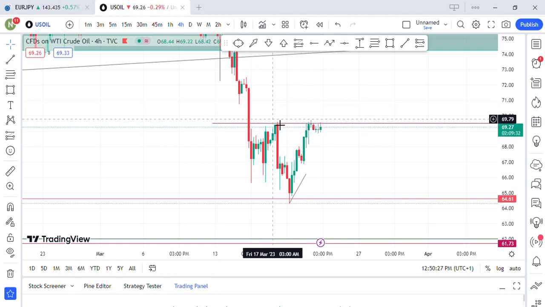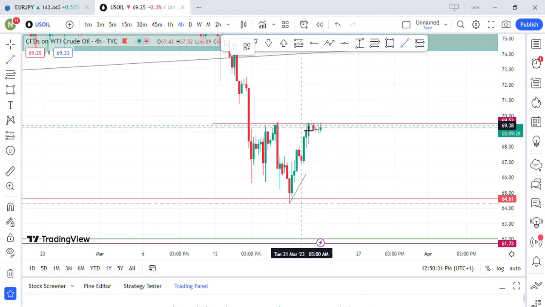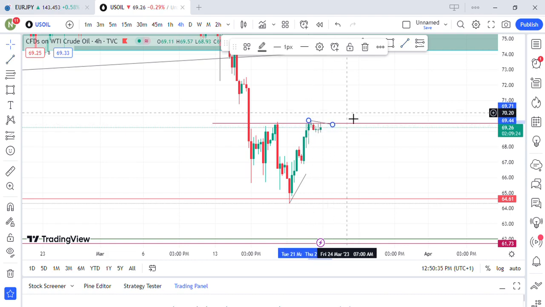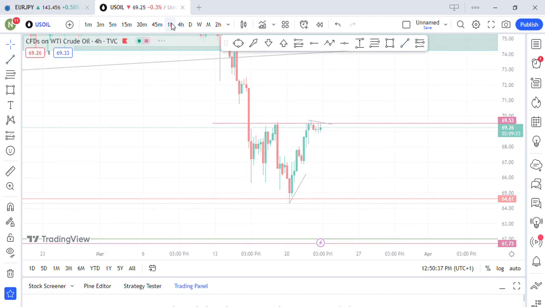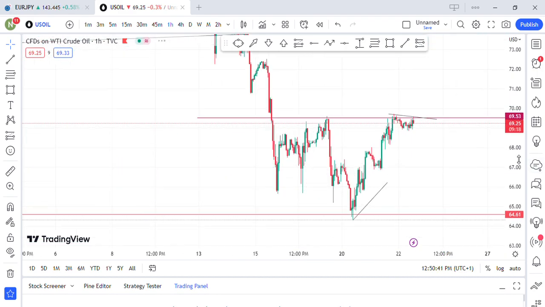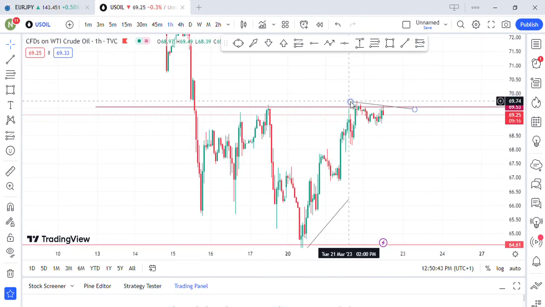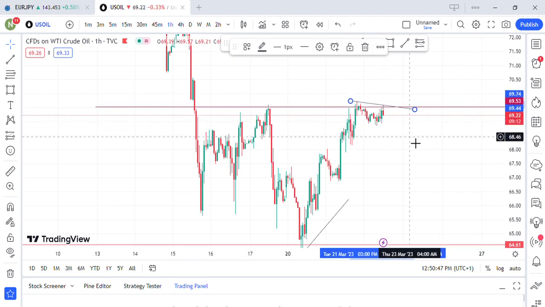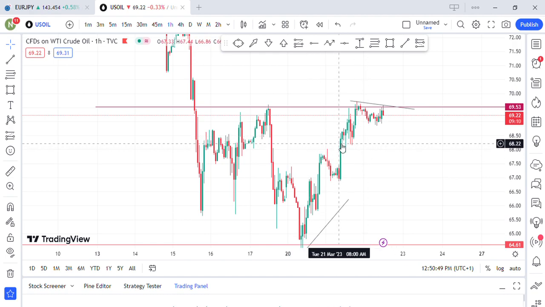You can draw a small counter trend line right here, and come on the 1 hour to see how your counter trend line is being drawn. And wow, cool. So we've drawn our counter trend line here.